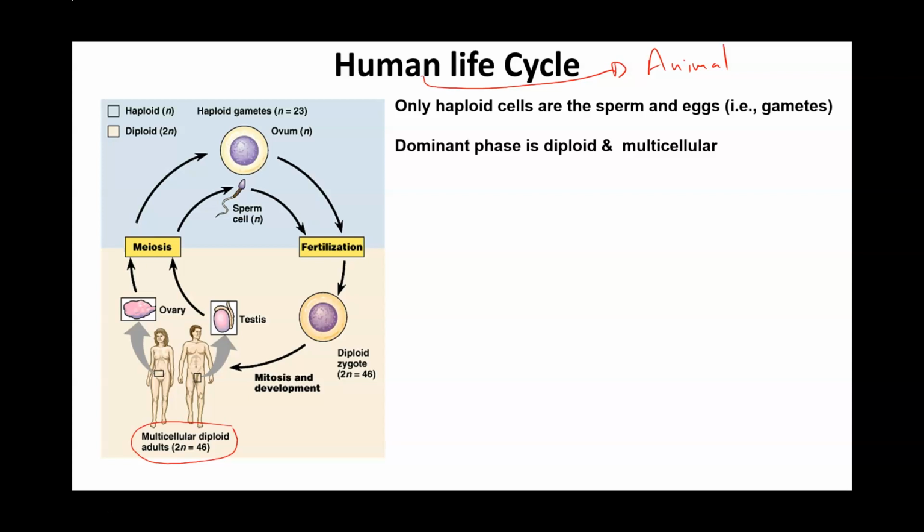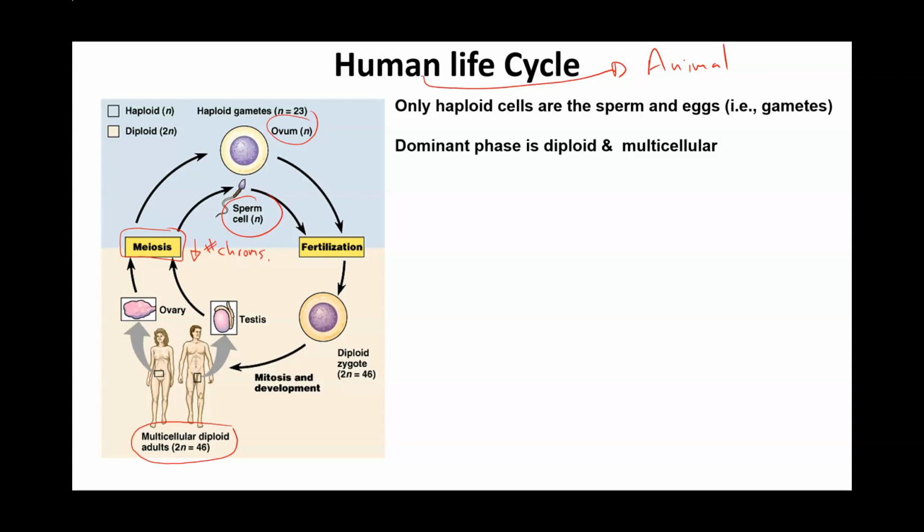But the cells of the testis and ovary will produce sperm and eggs, also known as an ovum, by the process of meiosis. Remember, one thing that meiosis does is it reduces the number of chromosomes in half. I'm just abbreviating that, reduce number of chroms.